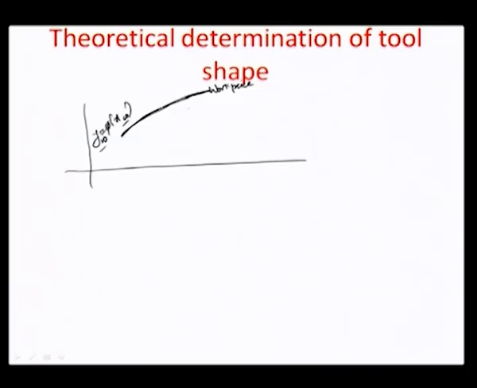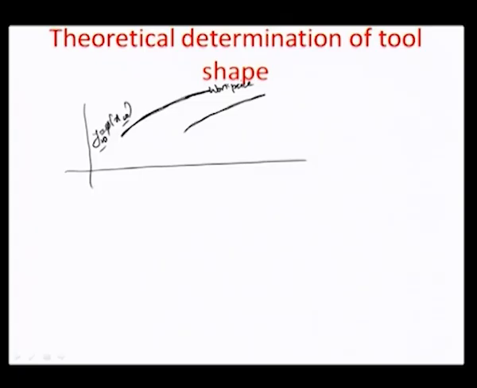Then you want to imprint or embed it into a reverse analogy tool surface. Conventionally it is the tool which will embed and produce a die-sinking operation on the workpiece, so the workpiece moves towards the tool surface.